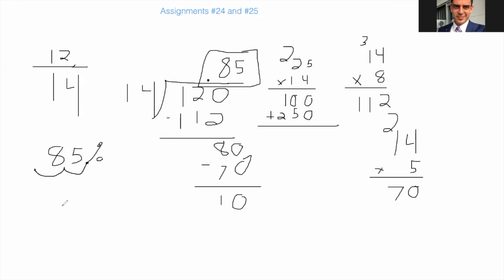So it would be 85%. And that is something that you guys will have. I'm going to give you something like 0.85, and I'm going to say convert it to a percent. And that's all you have to do.